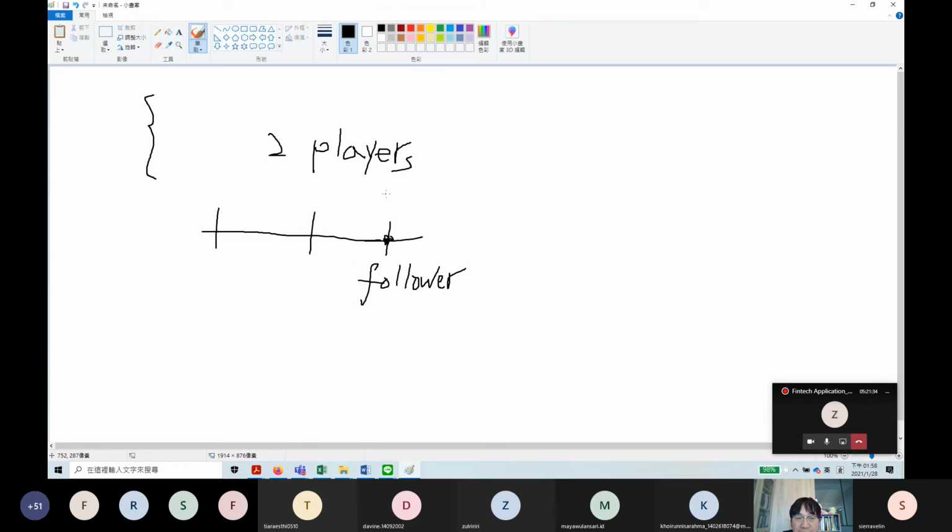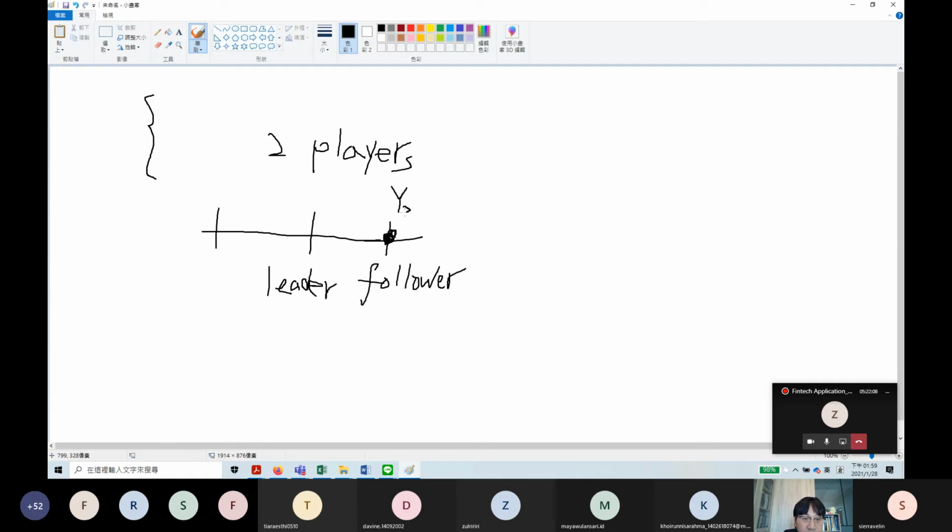So we use the backward method to infer who executes the action first. As we know, the leader executes first, right? But we use the backward method, right?